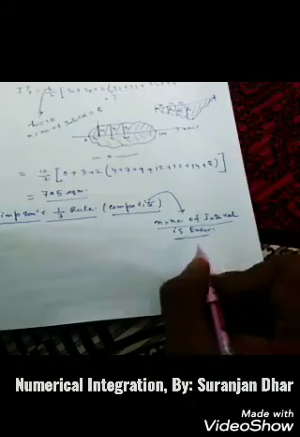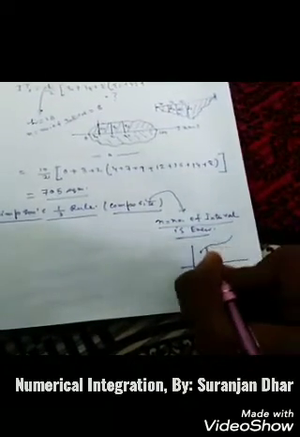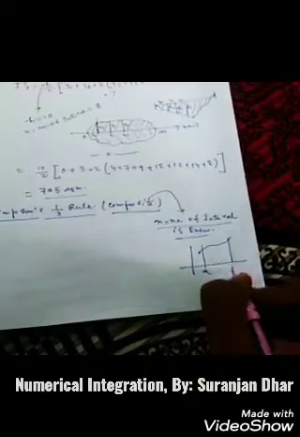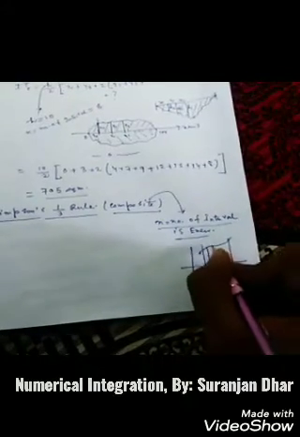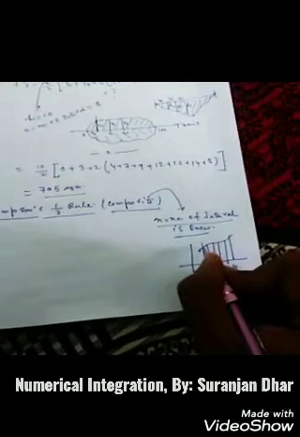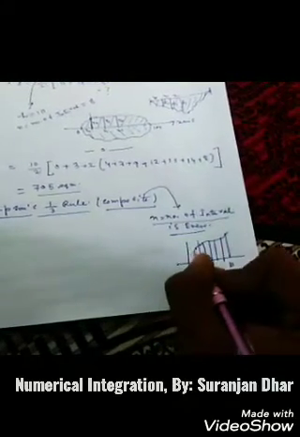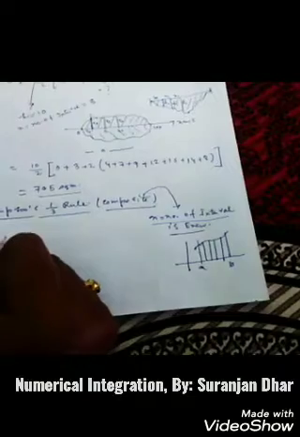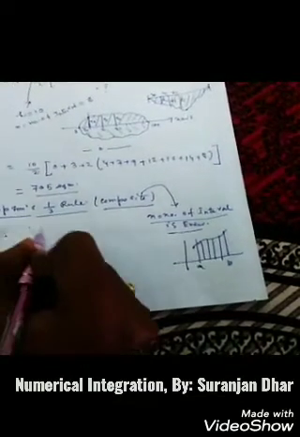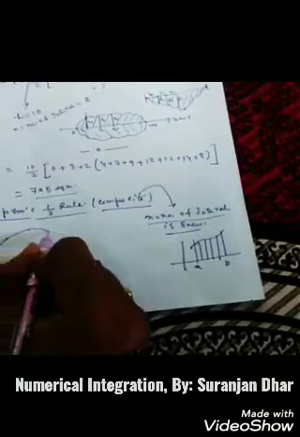Why do we need Simpson's 1/3 rule? Previously you know there is the function, lower limit and upper limit, and we divide into slices. In the trapezoidal rule we join the top points by straight lines, but in Simpson's 1/3 rule they are joined by a parabola.